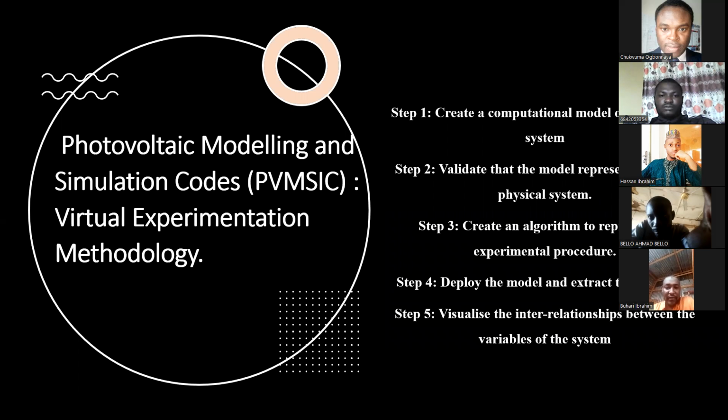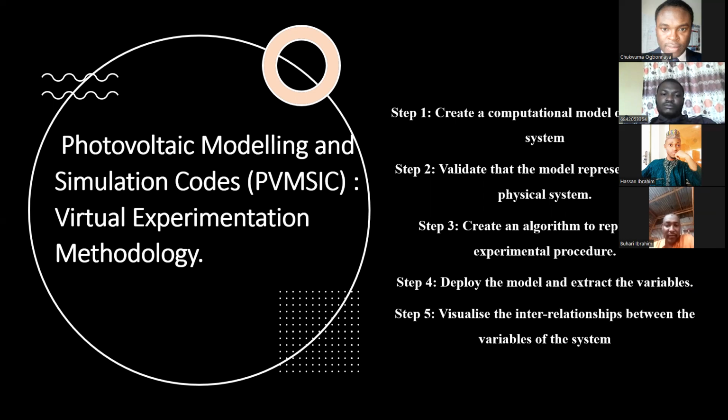Now, let me give you an overview of how you use photovoltaic modeling and simulation code. Remember, I told you it's a set of codes I developed, and you can get them. First, you need to create the computational model of the physical system you are trying to model.